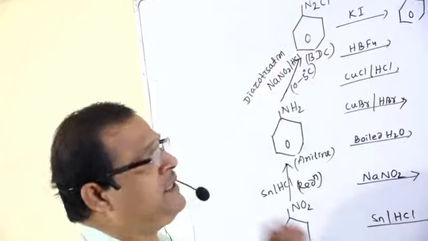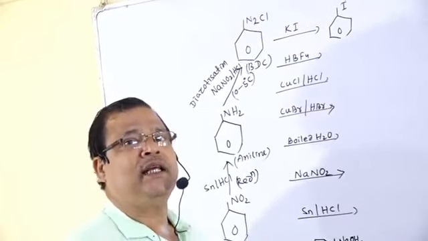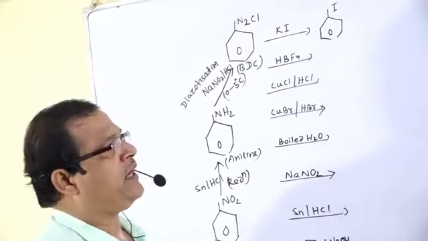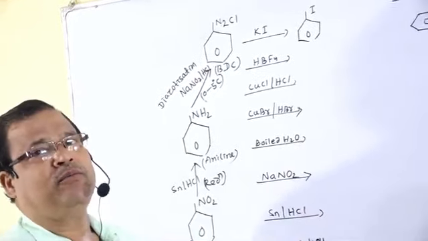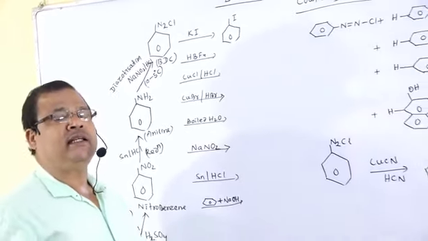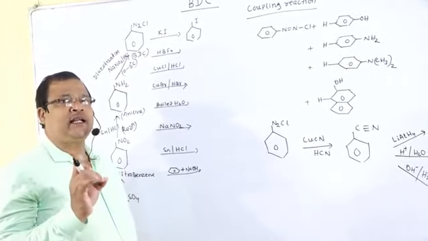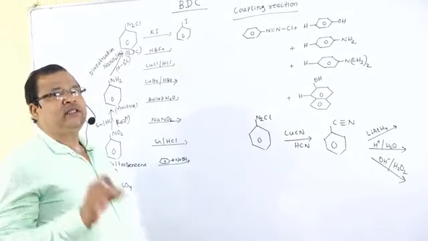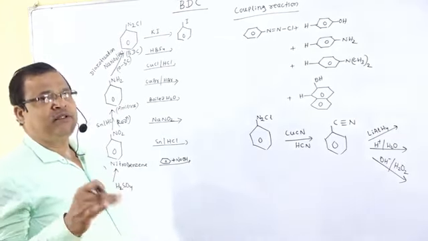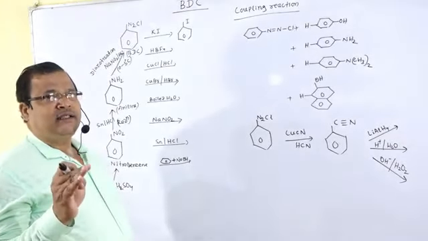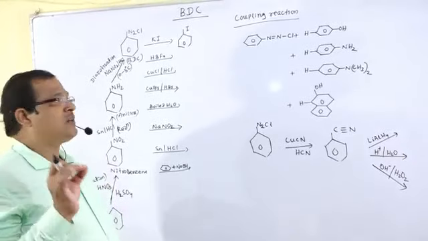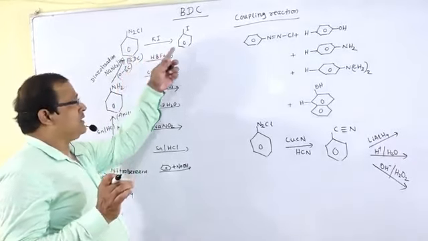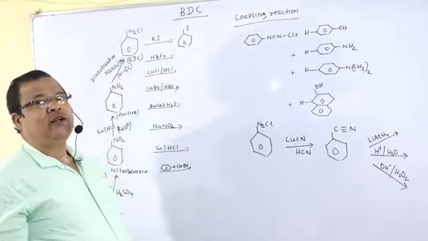From this benzene diazonium chloride, we can obtain so many aromatic compounds which have synthetic uses. Therefore, these are the chemical properties of BDC, named synthetic uses because the compound is very important for the synthesis of so many aromatic compounds.